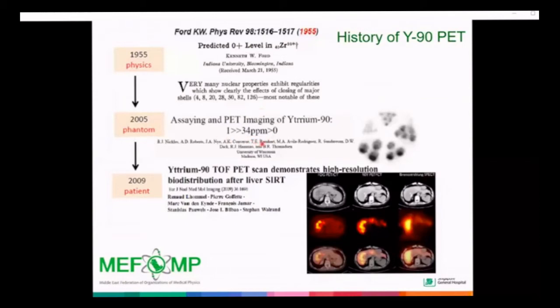As early as that, we talked about this 34 parts per million, and this is a cross-sectional view of the Jaszczak phantom. And back in 2009, pretty much close to when Singapore General Hospital also started doing this, yttrium 90 time of flight in 2011. Yttrium 90 TOF PET scan demonstrates high resolution biodistribution after liver SIRT.